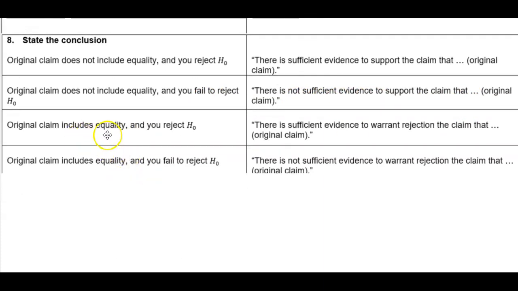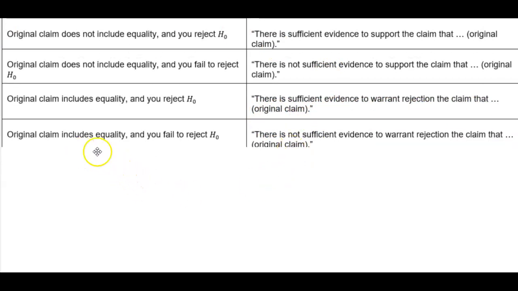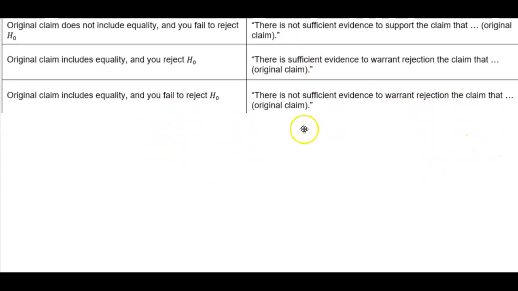If the original claim includes equality and you reject the null hypothesis, then you would state that there is sufficient evidence to warrant rejection of the claim that, followed by the original claim. And if the original claim includes equality and you fail to reject the null hypothesis, then there is not sufficient evidence to warrant rejection of the claim that, followed by the original claim.